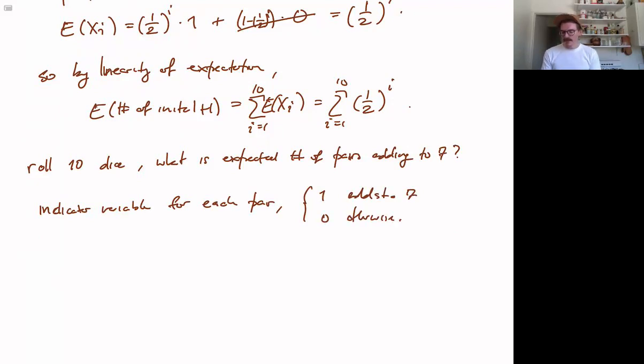Then when we take the sum over all these indicator variables, that will give us a 1 for every pair that adds to 7, and they will add up to the number of pairs that add to 7. We'll be able to use precisely the same strategy with linearity of expectation to find that expected value. You can find more on that in the solutions.